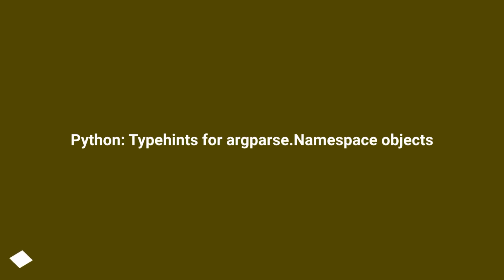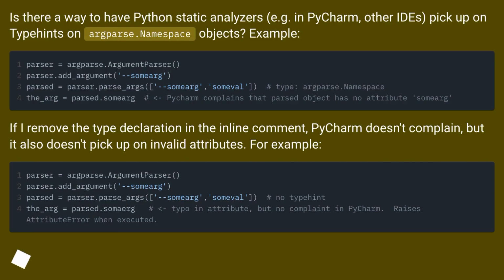Python, type hints for argparse.Namespace objects. Is there a way to have Python static analyzers, for example in PyCharm or other IDEs, pick up on type hints on argparse.Namespace objects? Example.